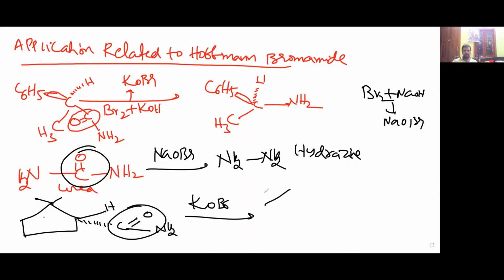Please keep in mind, there is no change of configuration. Okay. First application, second application, third application. And all these are the applications of the Hoffmann bromamide, and another reagent.